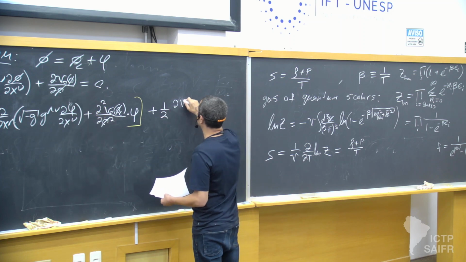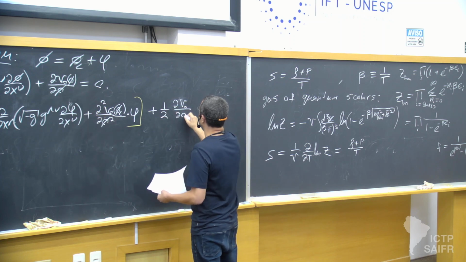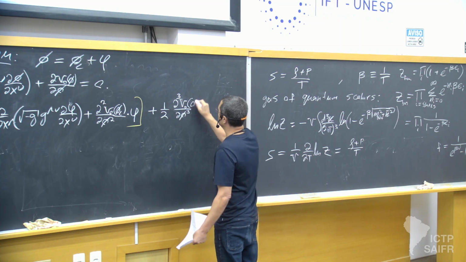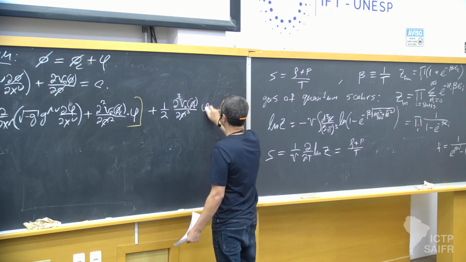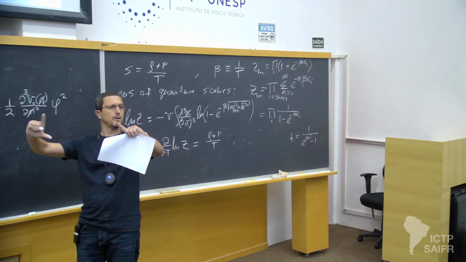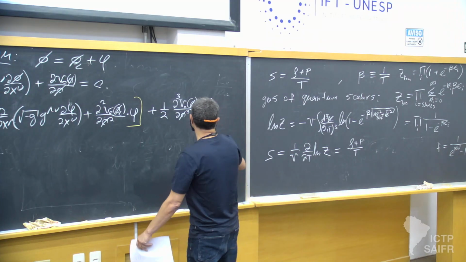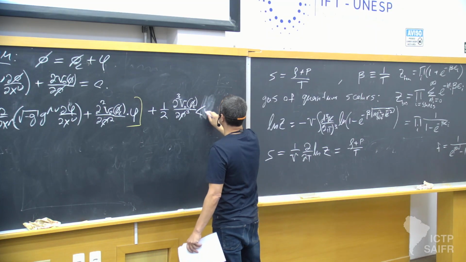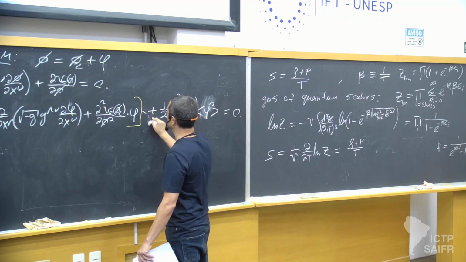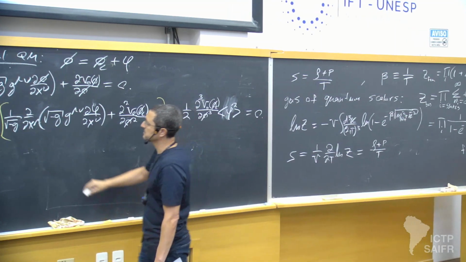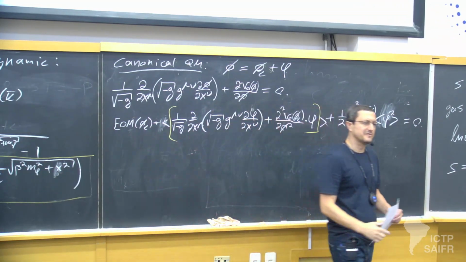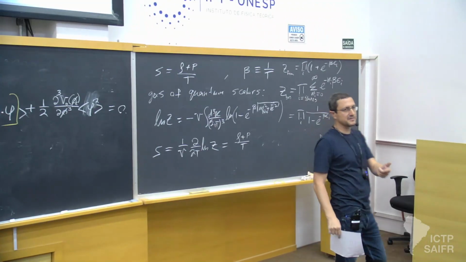So this is d^3 V_0 by dphi^3 at phi_c times varphi squared. To all of this object, I'm going to take a quantum expectation value. And on average, this should be 0. Here there is a quantum expectation value, and here there is a quantum expectation value of the classical equation of motion, which just gives it back.